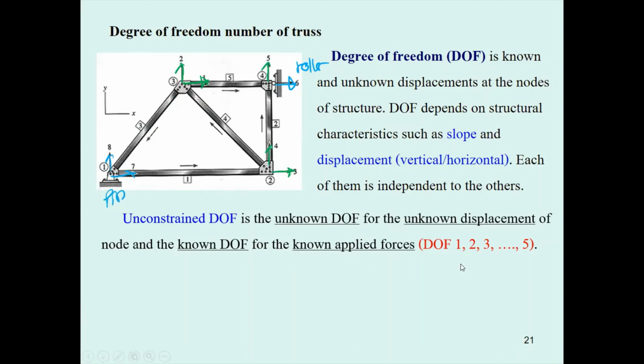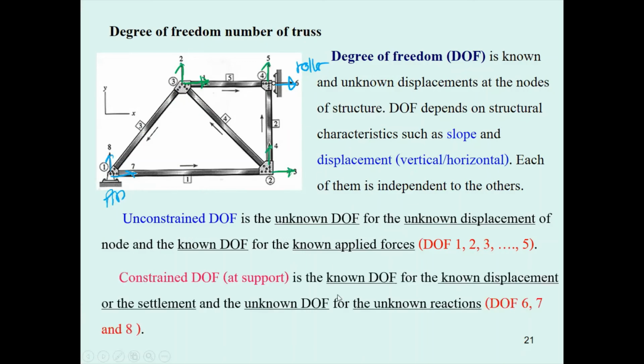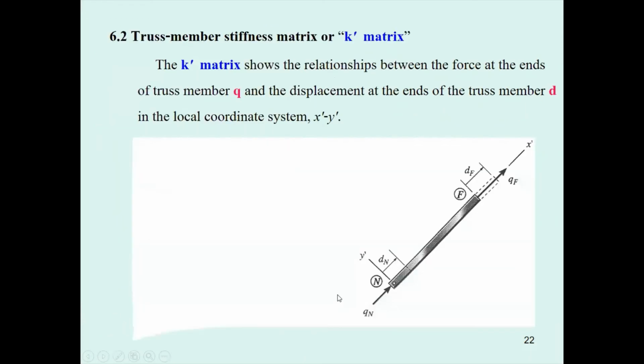Rearrange for the unconstrained degrees of freedom, the green 1, 2, 3, 4, 5, and then the constrained degrees of freedom 6, 7, 8. Now we need to determine the K matrix.